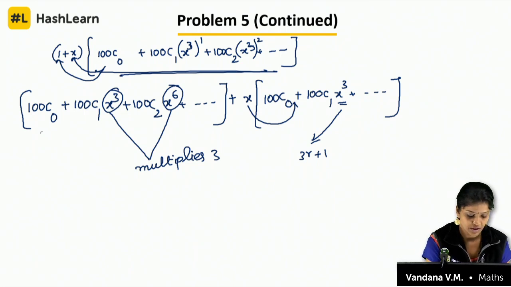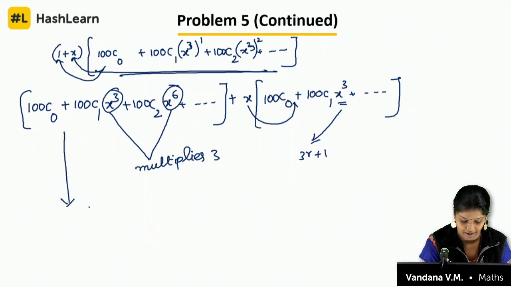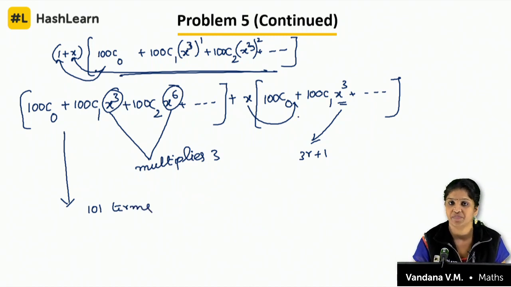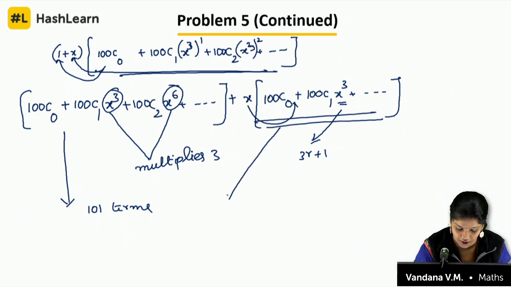So that means 100 means how many terms? It is a binomial, right? Totally I will have 101 terms here. Here also it is not affecting the total number of terms. It is only affecting the power of x. So here also 100 only, I will get 101 terms.